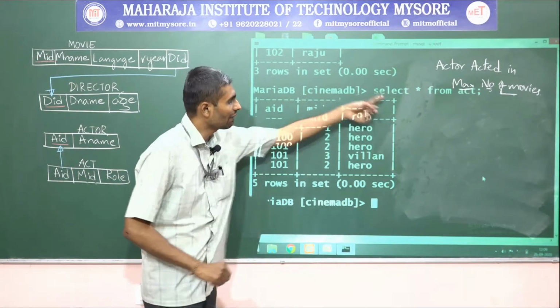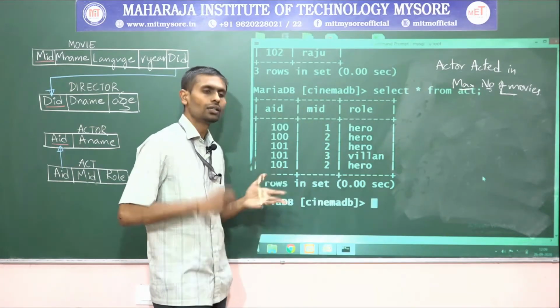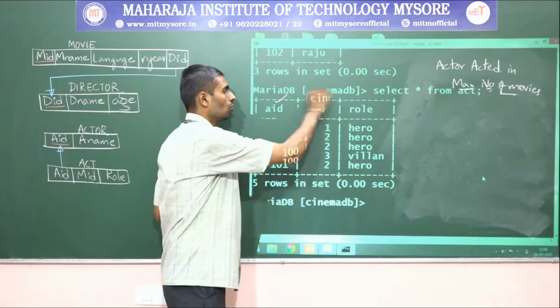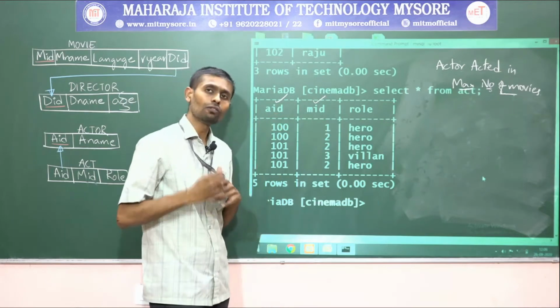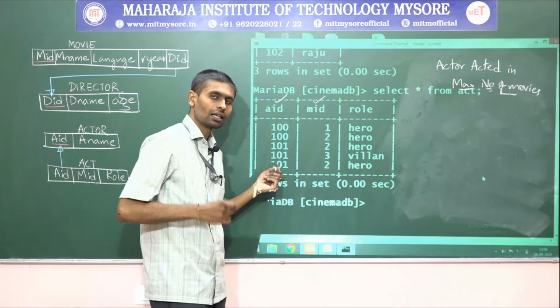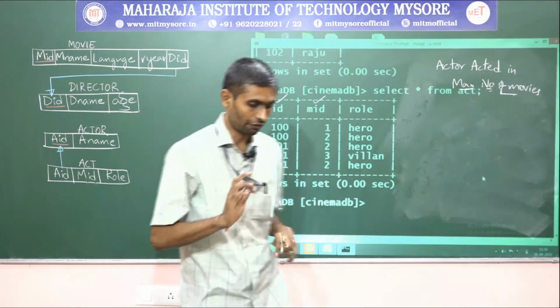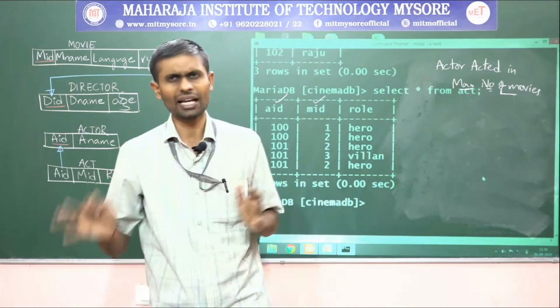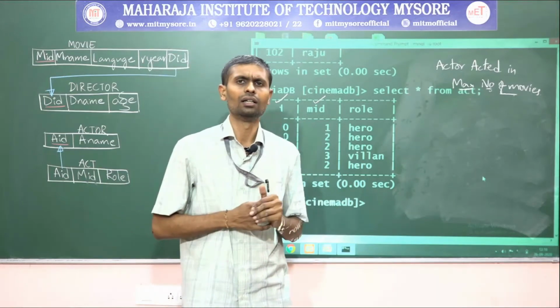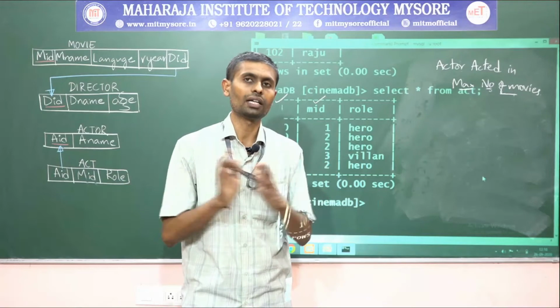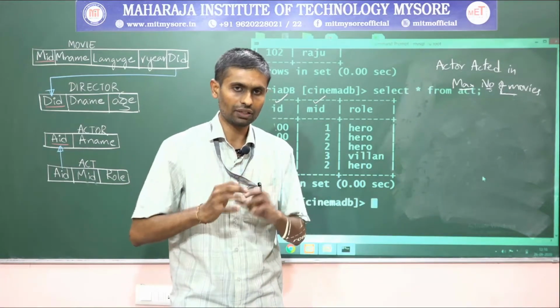Fine. So we have an act table here, and the two interesting attributes to solve this query in the act table are actor ID and movie ID, right? Because I want to find out which actor acted in maximum movies. Look at this one, guys. Never forget one interesting thing. Try to find the similarities between the different queries, as well as the differences from one query to another, and how we are improving.